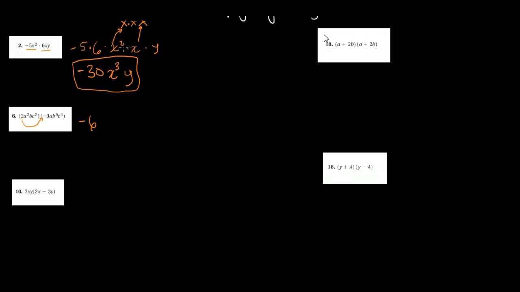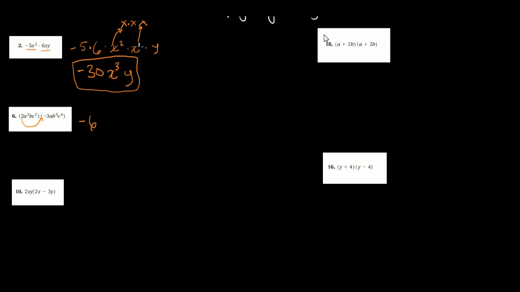Now, if you noticed up here, when I multiplied my x squared times my x, all I really did was expand it out, and I noticed that if I'm multiplying x by itself twice and then once more, then I'm multiplying x by itself 3 times. So x times x times x. So really, if we take a look at our exponents here, I had x to the second power, and this is x to the first power.